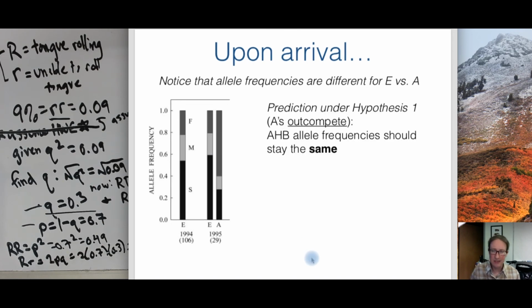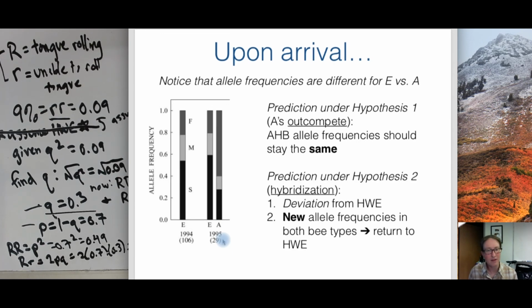And so keep in mind there are those two hypotheses. One hypothesis was that the Africanized bees are going to outcompete the European bees. And if that is the case, what we would predict is that over time, we should see these Africanized honeybee allele frequencies stay the same as they are when the bees first arrived.